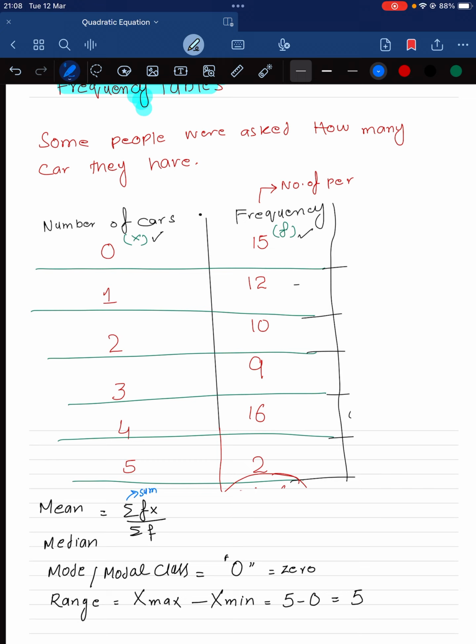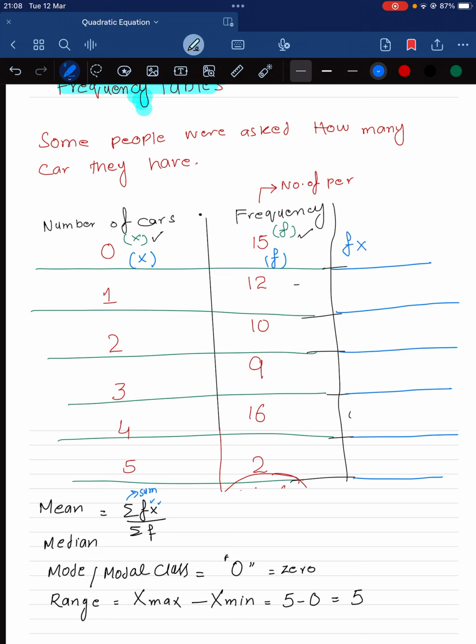Basically we add the quantities and we call it sigma. So we need to make the new columns f and x. This one is the x column and this one is the f column. Now we will make a new column called fx, in which we will multiply both quantities, right? So this is f times x.